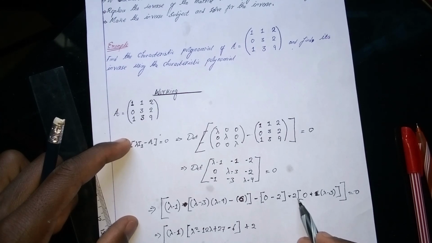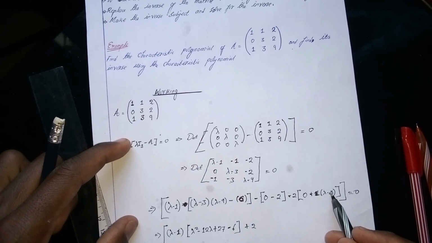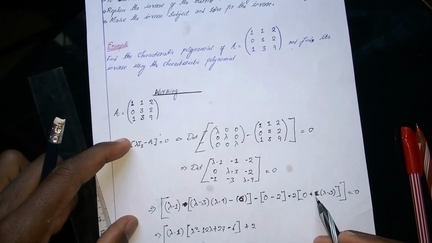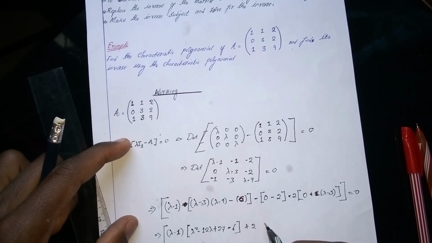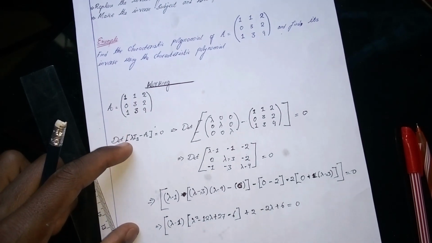Then here, what do we get? 0 plus this will basically be lambda minus 3. That's what we are going to get, lambda minus 3. So we have negative 2 multiplied by lambda, then negative 2 multiplied by negative 3 gets positive 6. So this should be equal to 0.